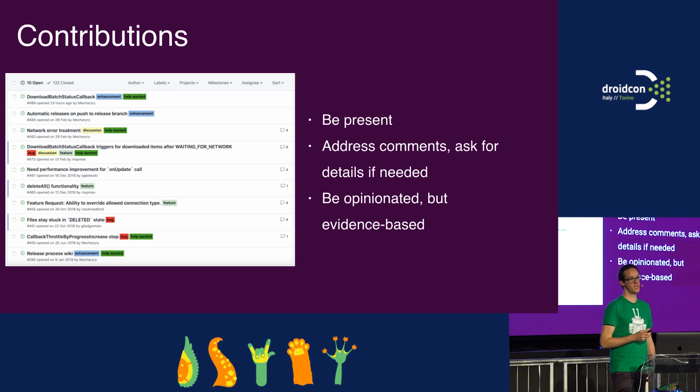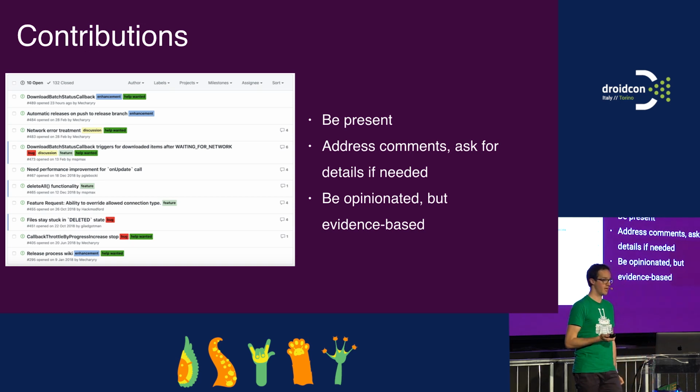Also, especially regarding feature requests, it's good to be opinionated. It's good to say no. You don't have to accept and work on all the feature requests that third-party users are asking. If they want to change your library radically, maybe taking it in a direction that you don't really care about, they can still fork it, as we explained before.